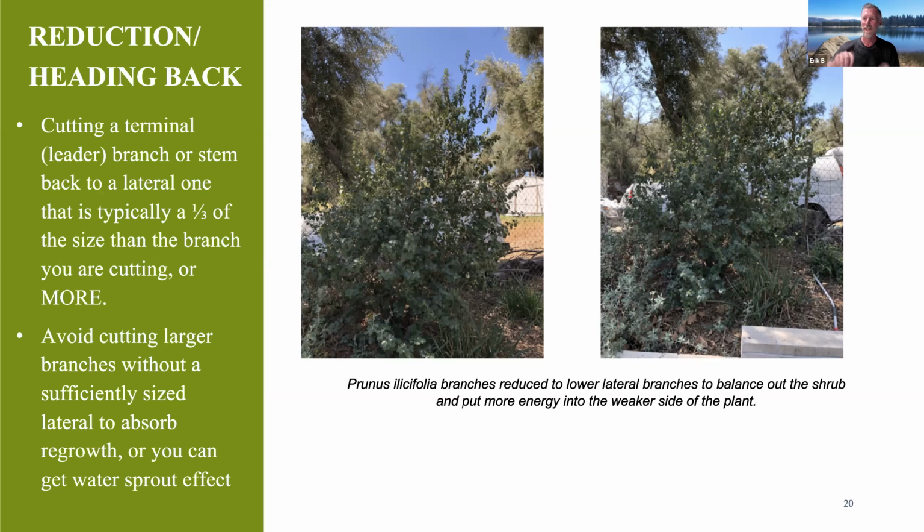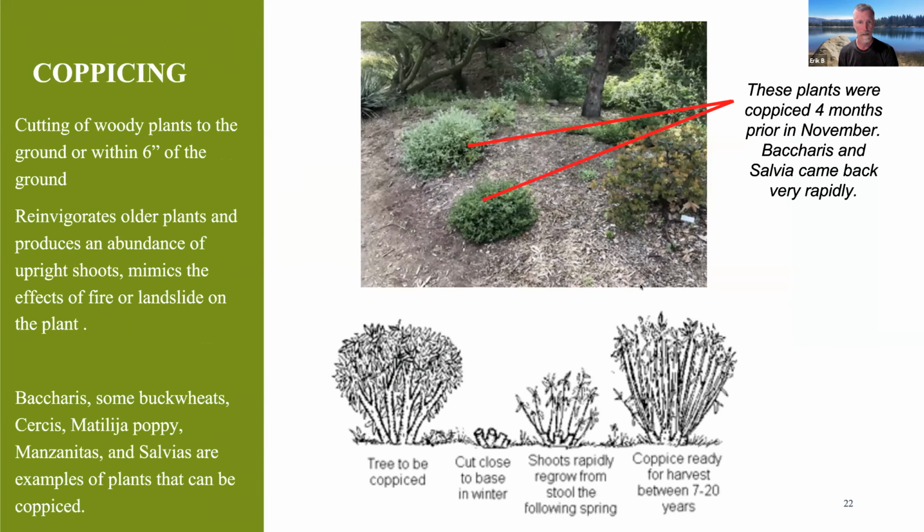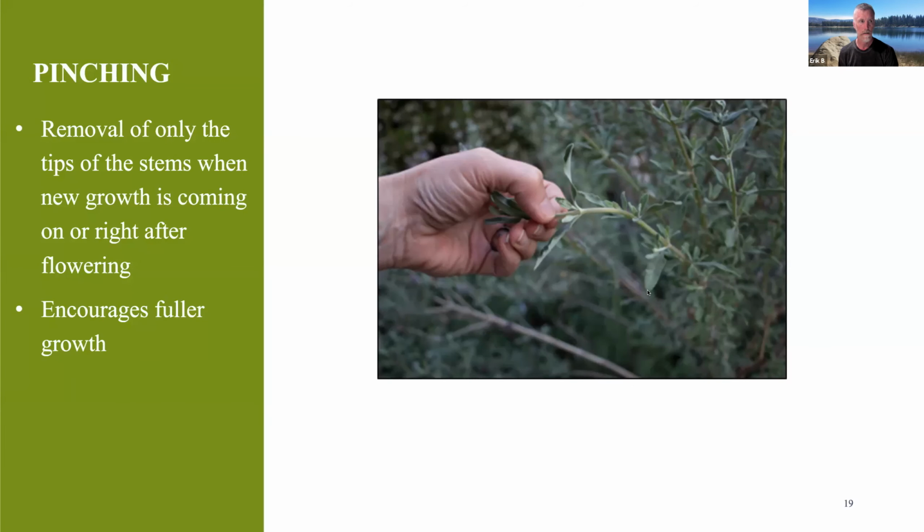You can start to encourage that growth by pinching it, and now you'll have two, and then you start to encourage the growth like that. Just to be clear, this pair of leaves here is called a node. It's a growth point. Pinching, okay.